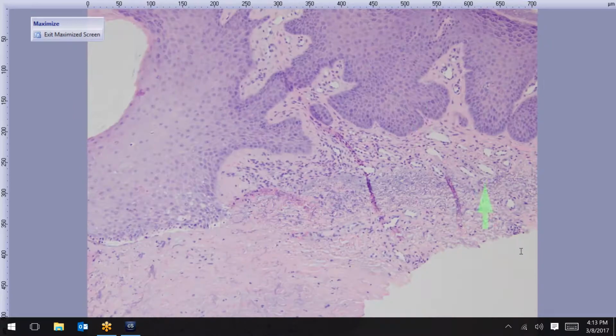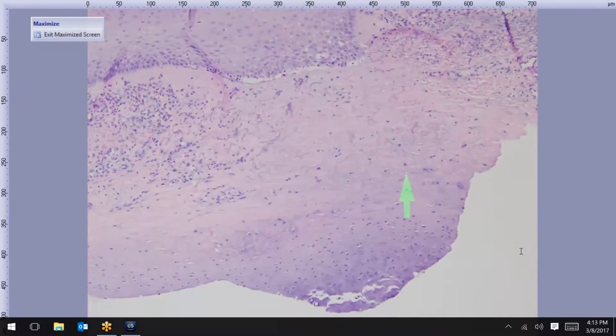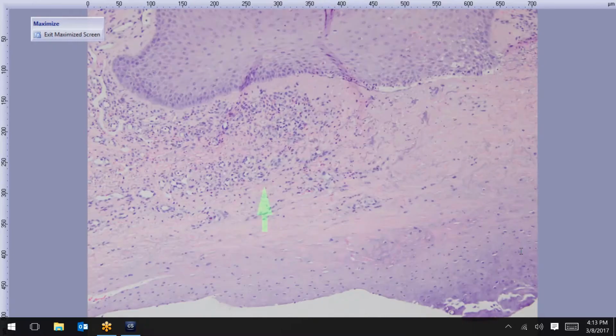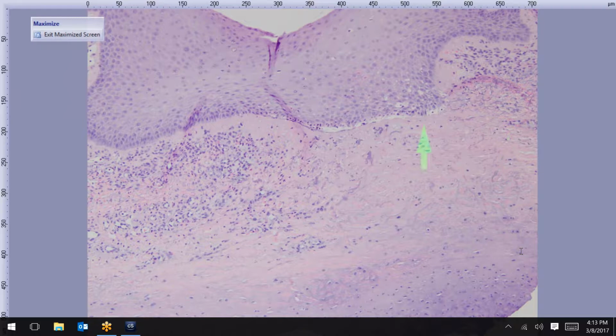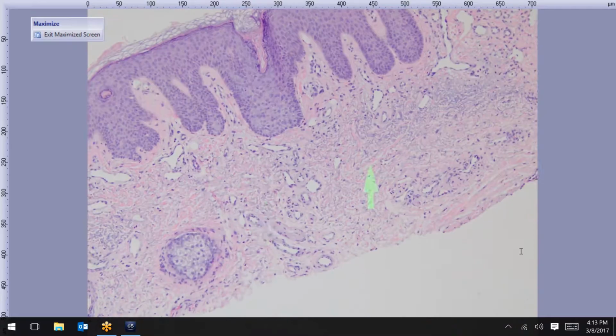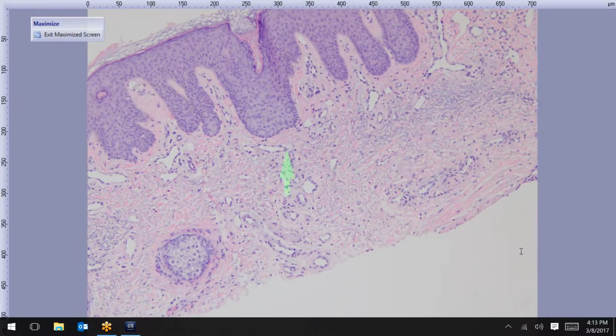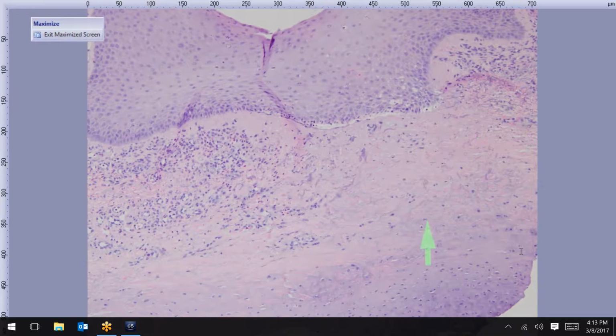And this is really almost like a fibrin or collagen degeneration. If you take this collagen right here and compare it to the normal collagen, you can see the difference. This is just more fibrotic as well.